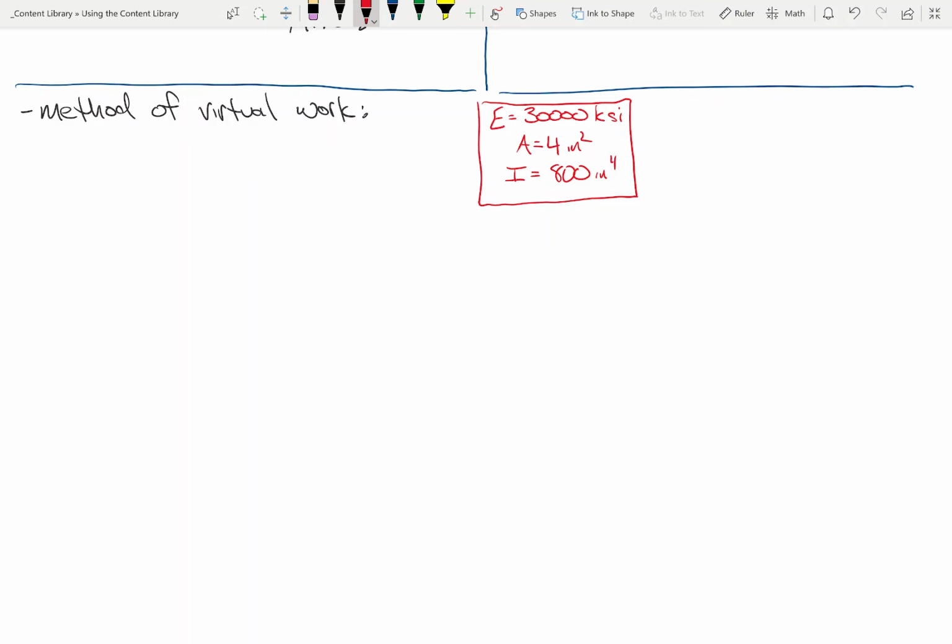So far, so good? All right, so here's how I'm going to do this. I'm going to say delta A flexural first. And then we'll do the axial terms later. So we'll deal with this part first, then we'll deal with this part. Okay? So, how do we do this?